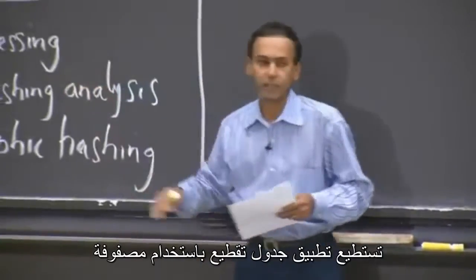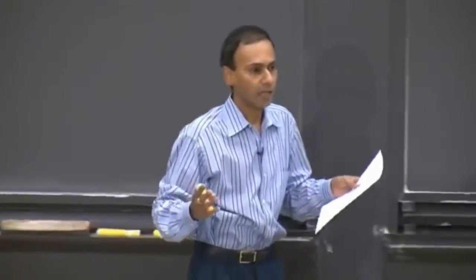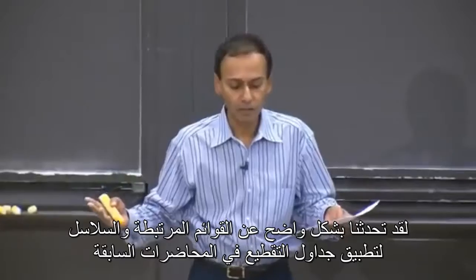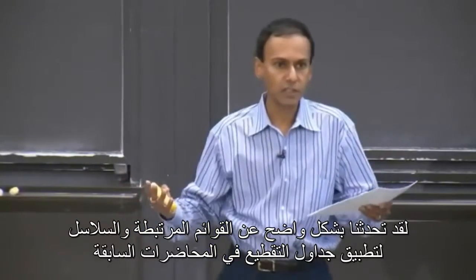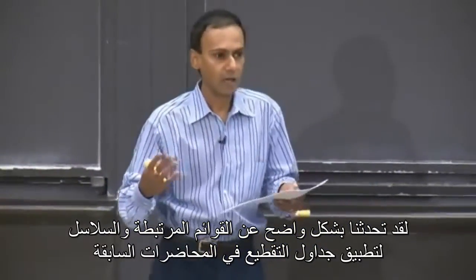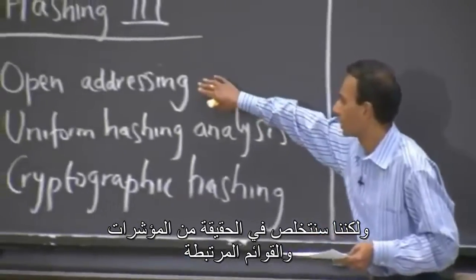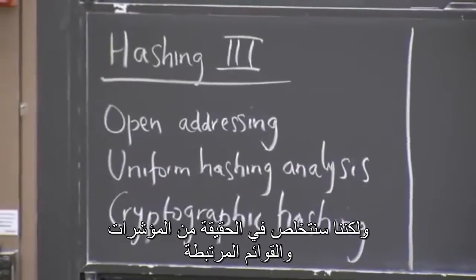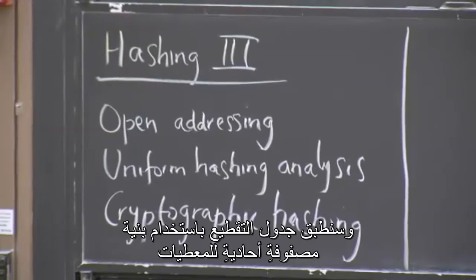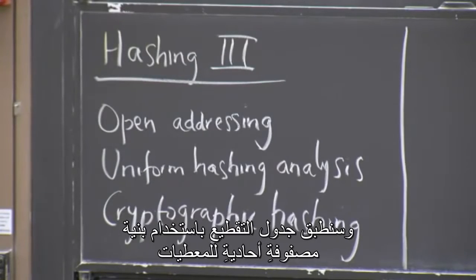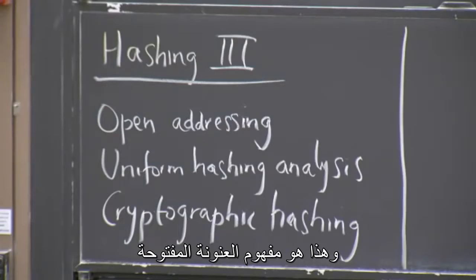You can implement a hash table using an array. We've obviously talked about linked lists and chaining to implement hash tables in previous lectures, but we're going to actually get rid of pointers and linked lists and implement a hash table using a single array data structure. And that's the notion of open addressing.